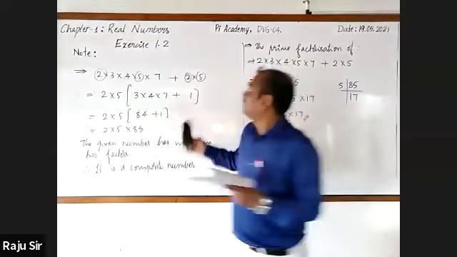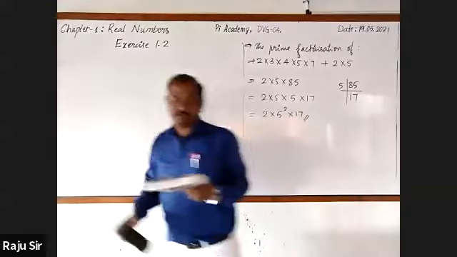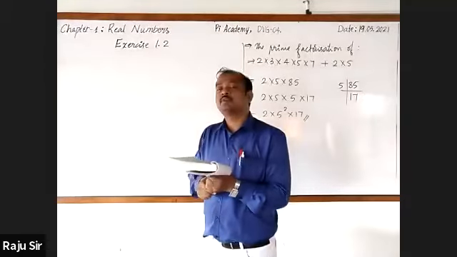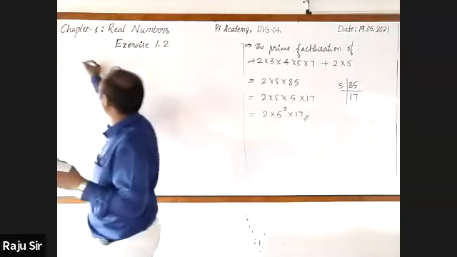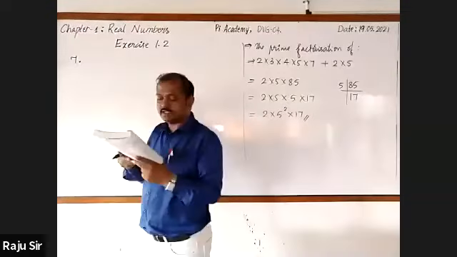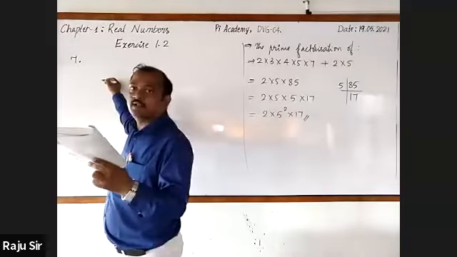Okay, now I'll take the 7th one. It is a statement problem, maybe related to HCF or LCM. Afterwards, you will identify that. The 7th one, the statement has been given like this. Sir, LCM, sir.